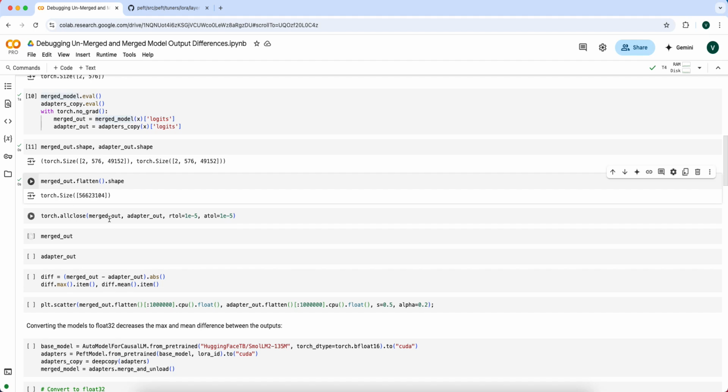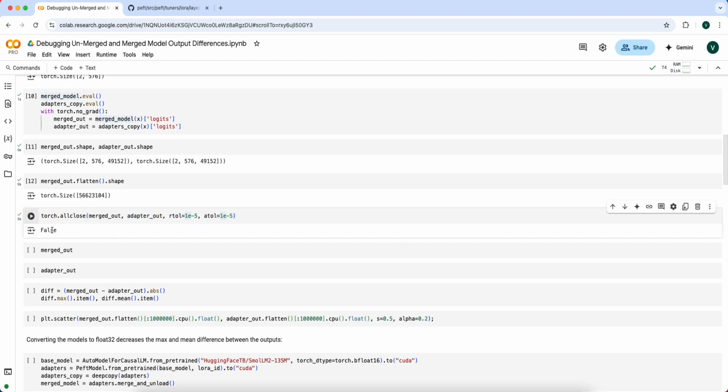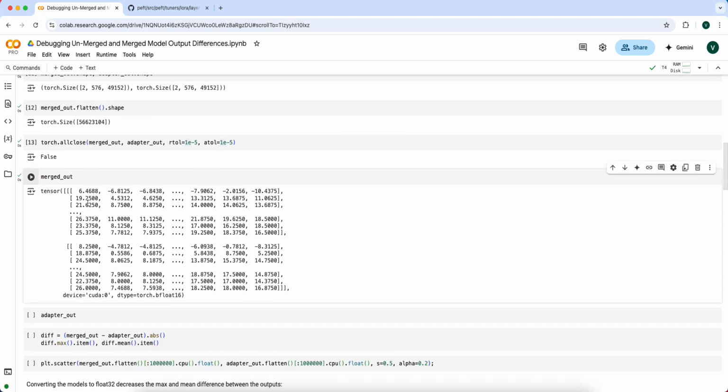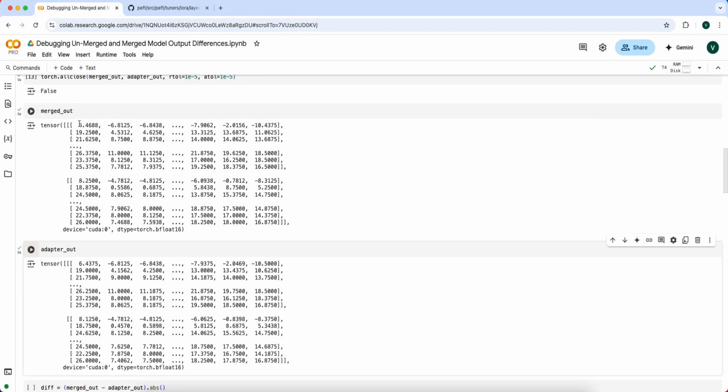Now we can do torch.allclose, where we look at merged out and adapter out with these tolerances, and this returns false. If we take a look at these output tensors, here we have 6.4688 and 6.4375, so already we can see about a 0.03 difference. Here's another 0.03 difference, and another 0.02 difference.